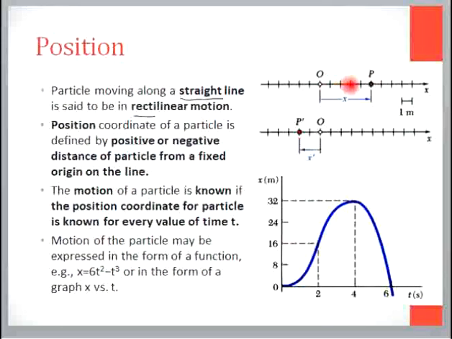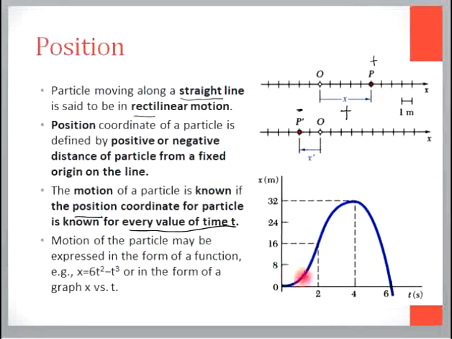So for example, we have positive here. So P is in positive position and P apostrophe is in negative position based on the coordinate. The motion of a particle is known if the position coordinate is known for every value of time.